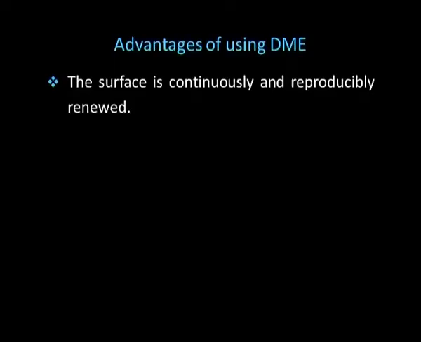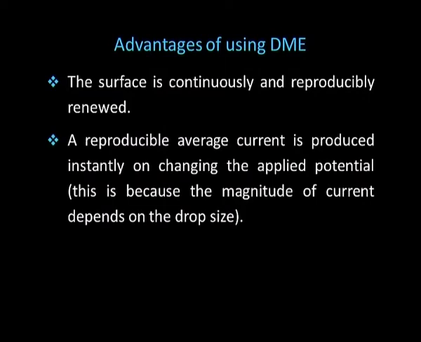Now, the question comes, why are we using DME, or why are we replacing a solid electrode by a dropping mercury electrode? The first advantage is that the surface is continuously and reproducibly renewed. A reproducible average current is produced instantly on changing the applied potential.